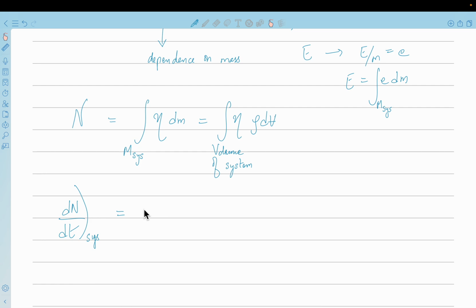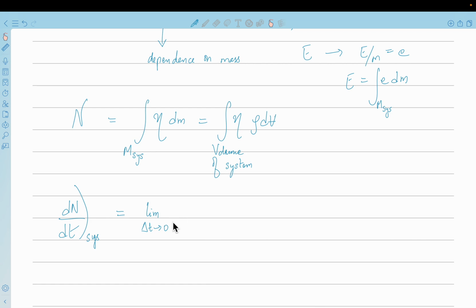Since one of you said you have not understood Reynolds transport theorem, let me show you a quick way of deriving this. I'll not go into details, but this is how you would arrive at the Reynolds transport theorem.